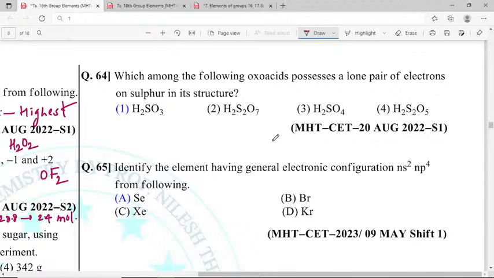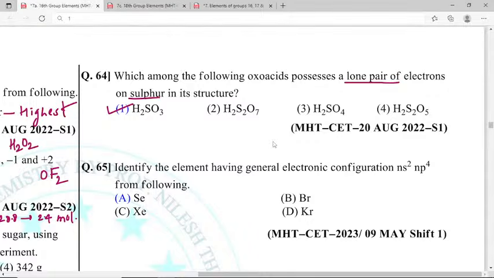Which among the following oxo acids possesses a lone pair of electrons on sulfur? H2SO3. H2SO3 contains the lone pair because sulfur is in +4 oxidation state, while the others are +6.